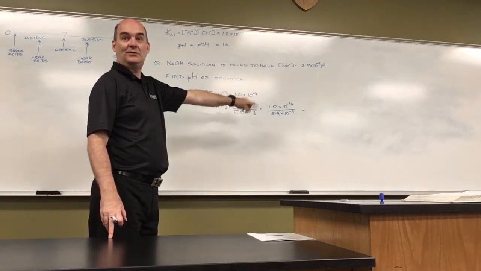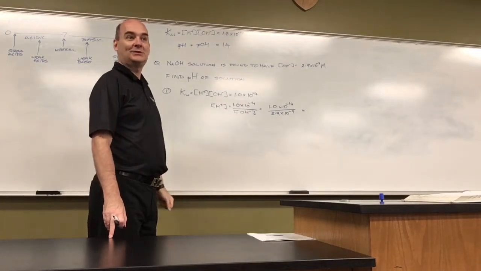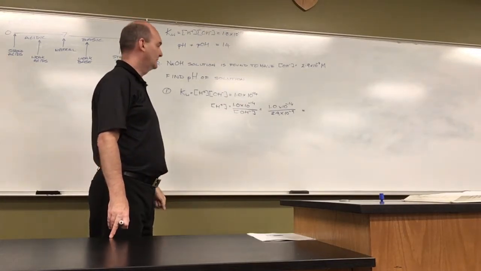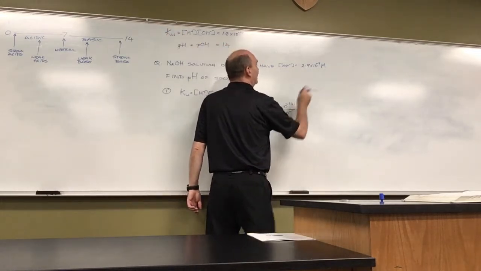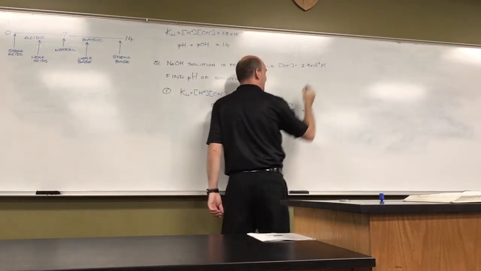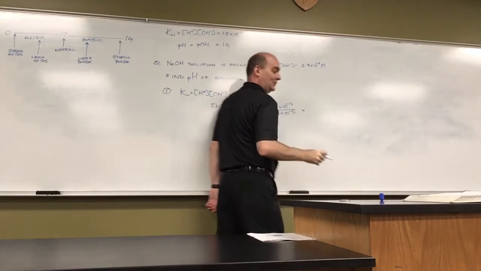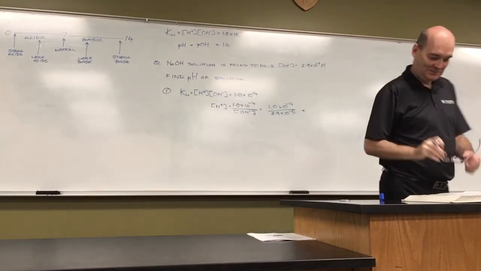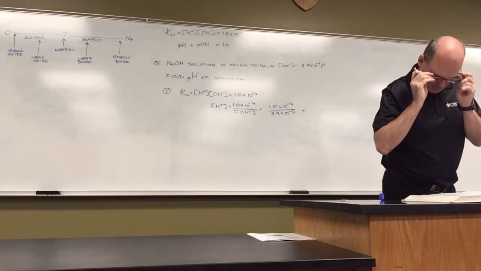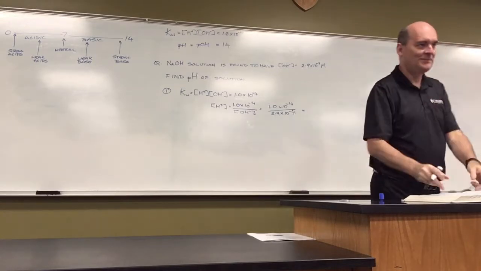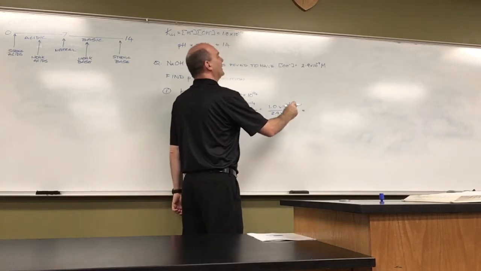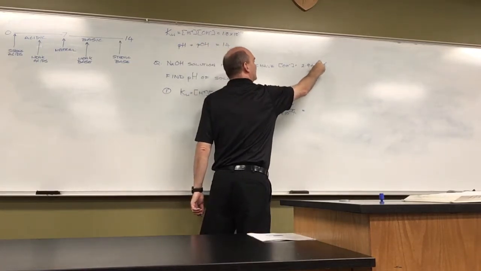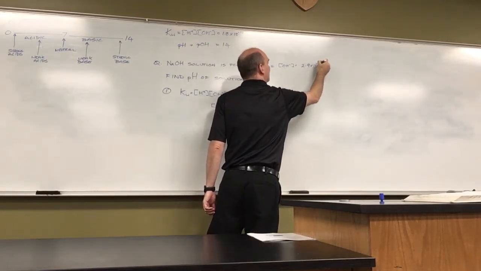Have we figured out what the number is? Not yet. It's 2.9 times 10 to the negative fourth, right? Or is it 9? I should check my question. It is a 4.